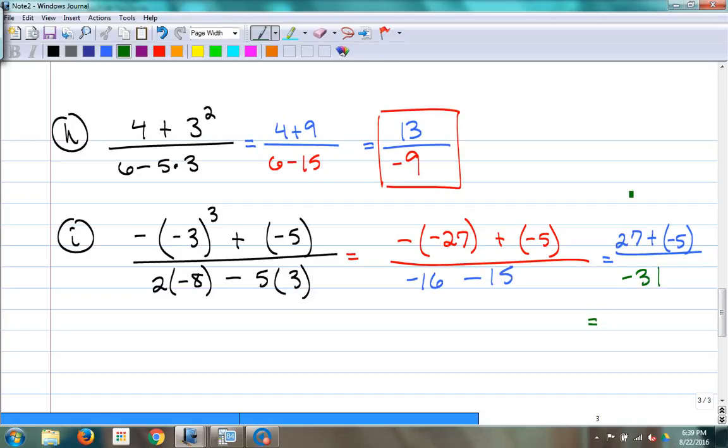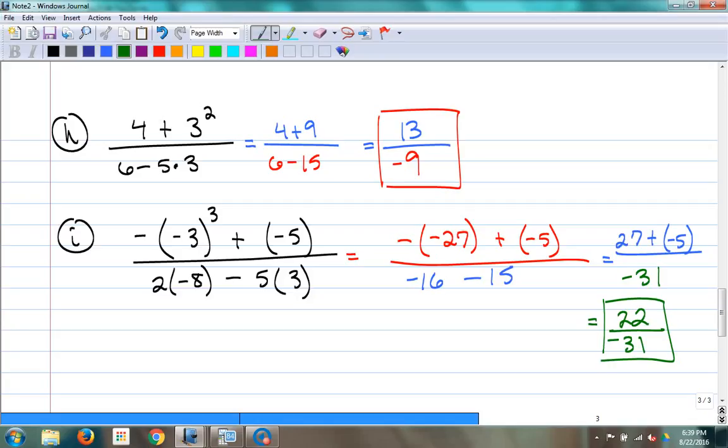And then on the top, 27 plus negative 5 is the same thing as 27 minus 5, 22, over negative 31. And then you try to reduce that if possible. Is there anything in 22 that goes into 31? 31's a prime number. 22 is not, but 31 is, so nothing we can do. Got it in simplest form there. Leave it as a fraction.